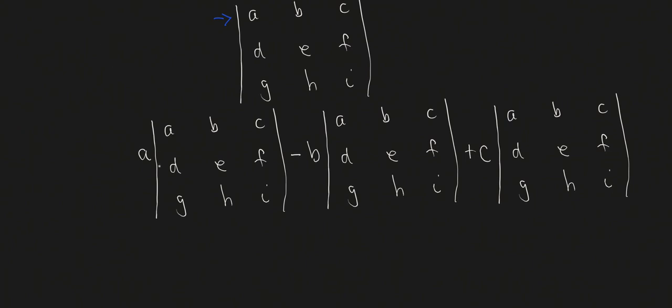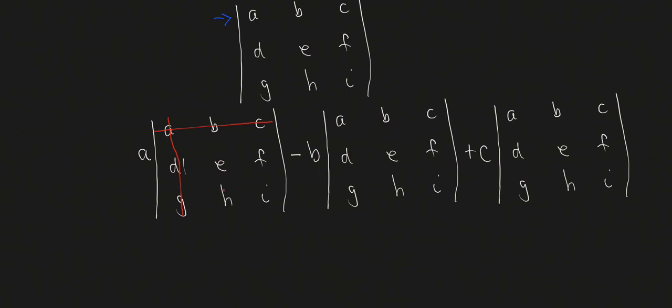The thing that we're going to multiply each of these numbers by isn't the entire determinant, but the determinant of what we call a submatrix. This is how it works. After I choose the A, I delete the column and the row that has the A in it, and what's left is a 2 by 2.